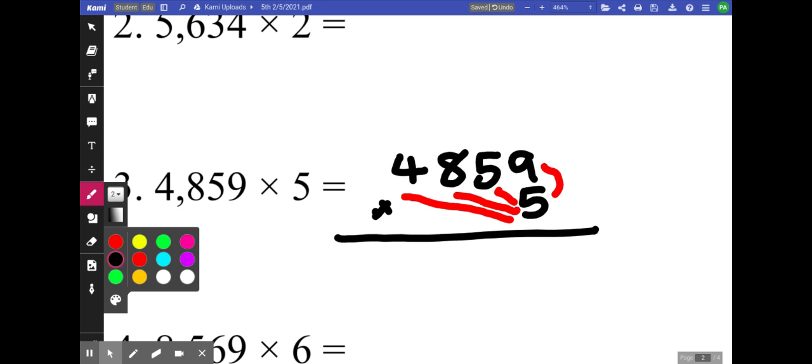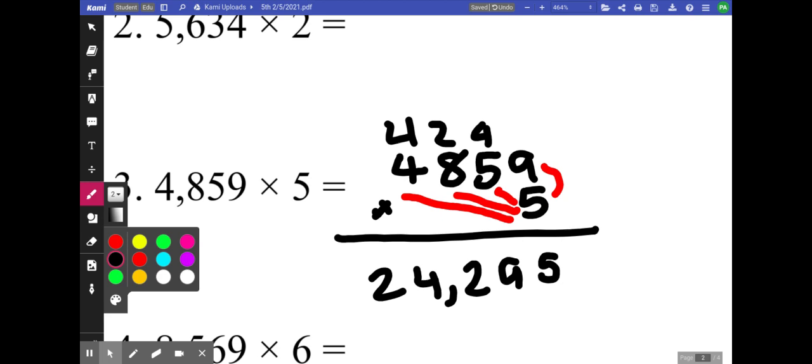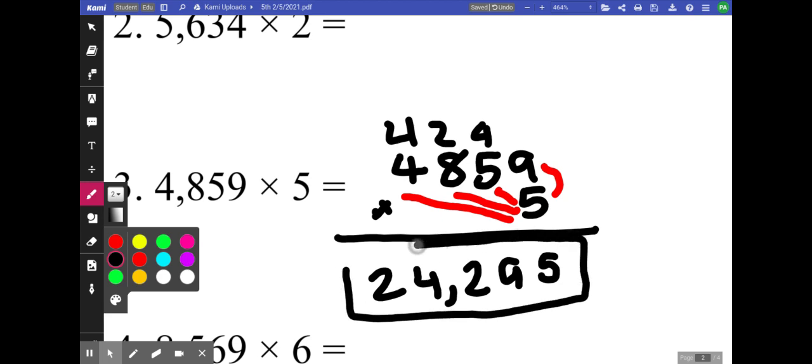So 9 times 5 is 45, and you're gonna have to move the 5. 5 times 5 is 25, plus 4 is 29, move the 2. 8 times 5 is 40, plus 2 is 42. And 4 times 5 is 20. 20 plus 4 is 24. And that is your answer.